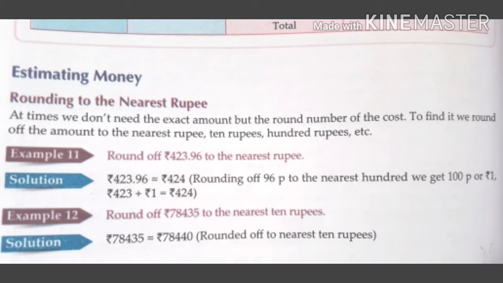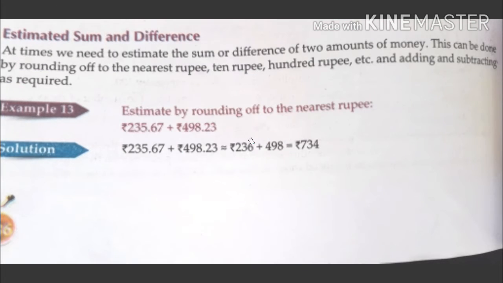Next one, estimated sum and difference. This can be done by rounding off to the nearest rupee, 10 rupees, 100 rupees, etc., and adding or subtracting as required.